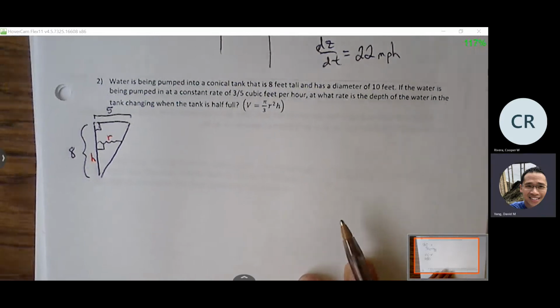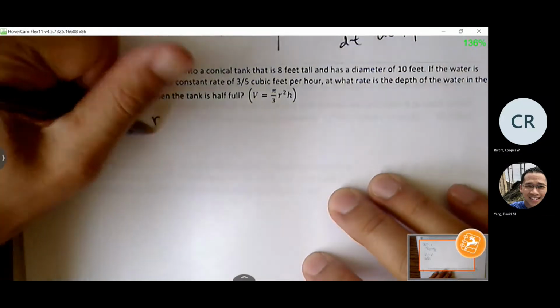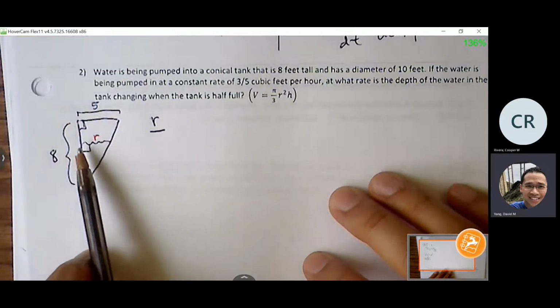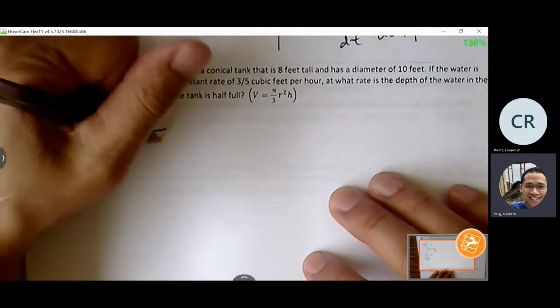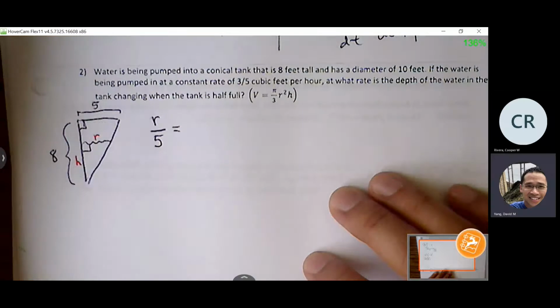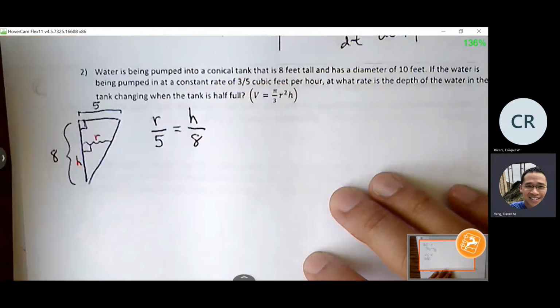Okay, set up our proportions here. Radius of the small cone is to the radius of the large cone as the height of the small cone is to the height of the large cone.